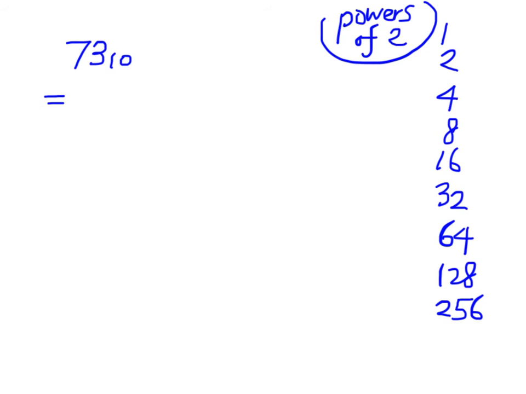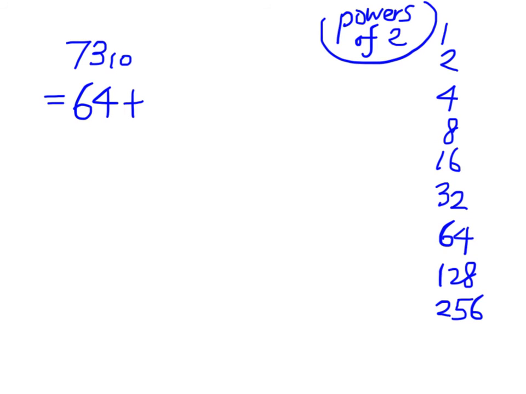11001. In order to make our method much easier, we can simply remember or record the powers of 2 in this way. We have 1, 2, 4, 8, 16, 32, 64, 128, and 256. If we come across this denary number, 73, we can find the largest power of 2 which is smaller than 73. Therefore we have 64 plus 9.